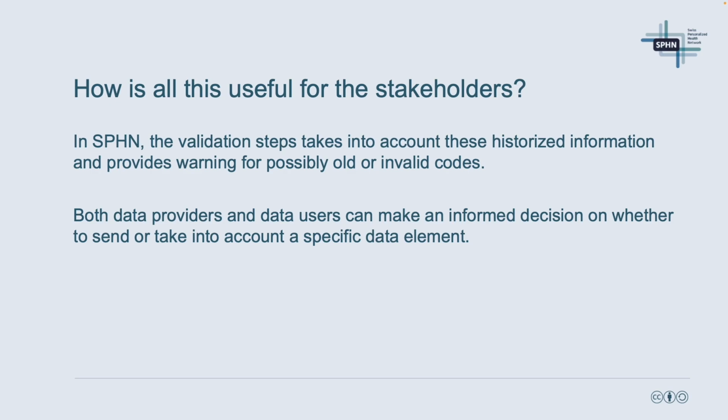Therefore, data providers that are using those pipelines can have those checks. Both the data providers and the data users can then make an informed decision, whether the data provider wants to send that data element, which may have a warning, but also, if this data gets sent, the data user can consider whether or not to take this data element into account in their analysis.